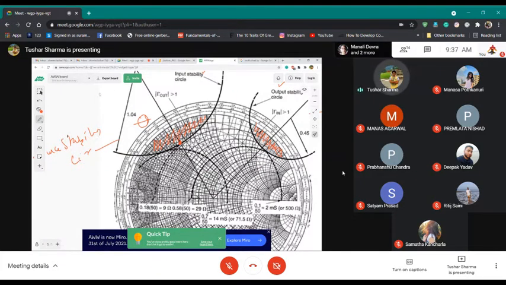The ones which are constant conductance circles are the constant G circles. So what you will do is spot a constant R and constant G circle. In this case, is it constant R or constant G? This circle is my constant R circle.